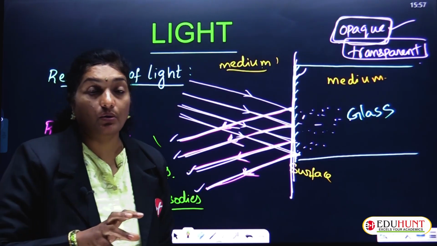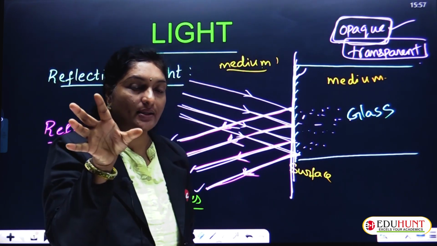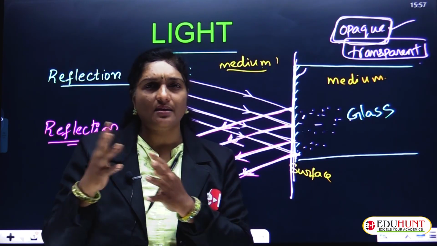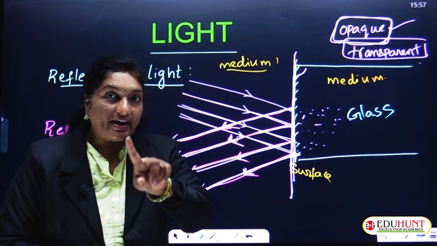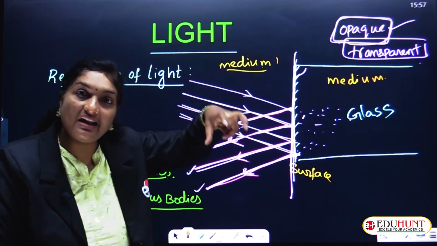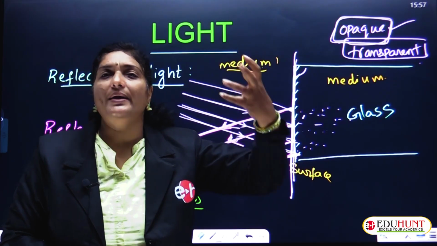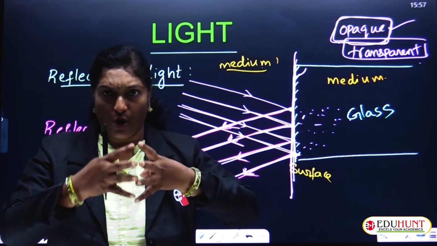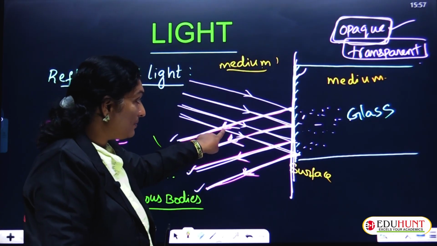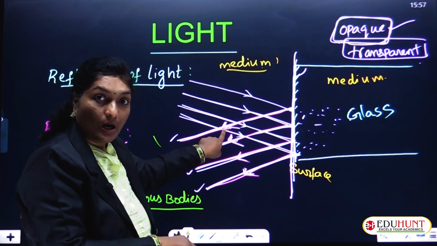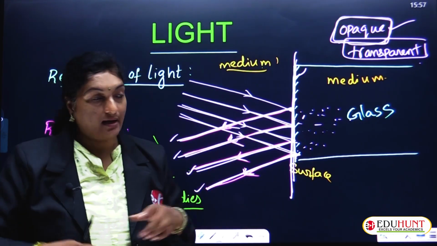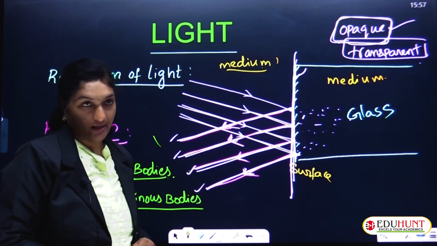Whenever light falls, we know that light consists of 7 different colors, VIBGYOR: violet, indigo, blue, green, yellow, orange, red, and combinations of those. So whenever a simple white light ray falls on them, that light ray itself consists of 7 different colors and, in combination, some other colors. You are able to see the pink color because this portion, after absorbing all the other colors, only reflects back the pink.